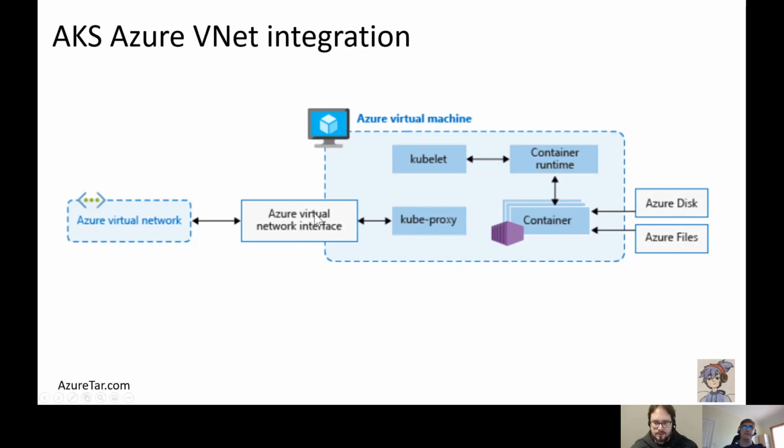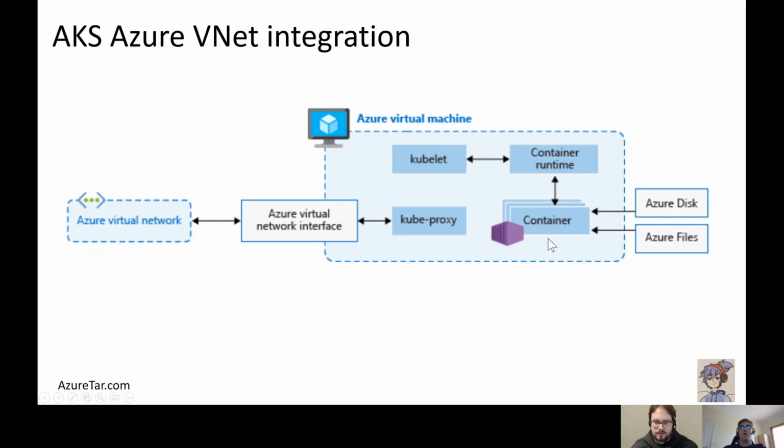Azure CNI is a way to connect with Azure Virtual Network, and that handles the communication with the proxy and routing. Even if you want to, from that container, access something that's running on your virtual network that's not inside your cluster, let's say an Azure service or something running inside a VM, you can use that integration to talk with those servers, and those servers can talk with your cluster as well.